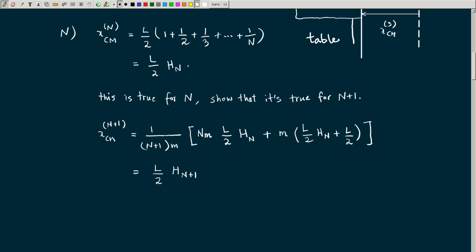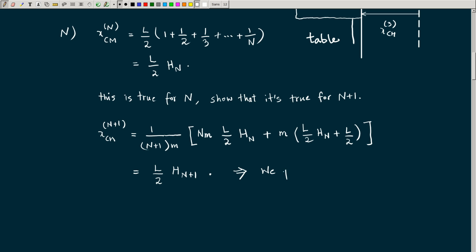So you will get 1 plus a half plus a third all the way to 1 over n plus 1. Basically, this one is adding this term here. So this is how you prove it. So now you have actually proved that this is true.